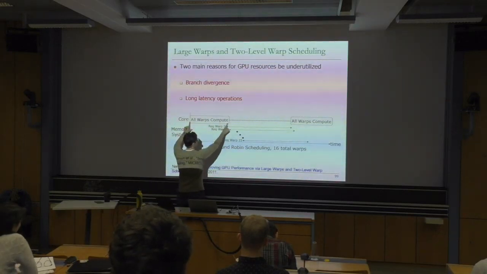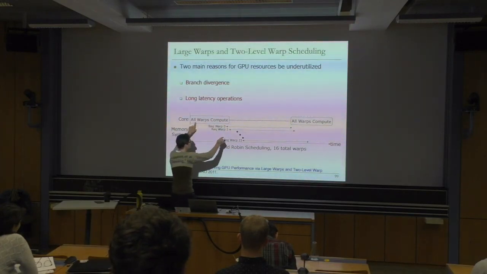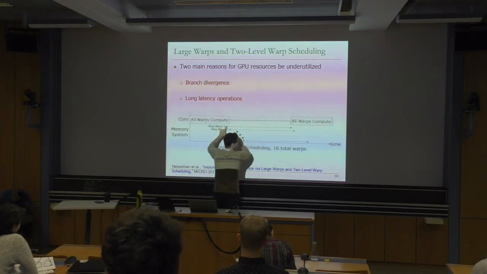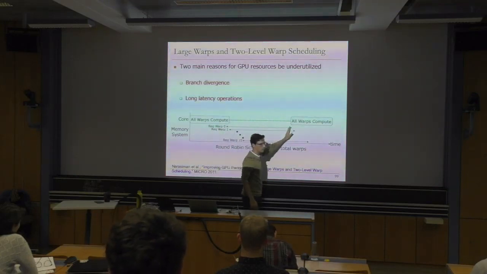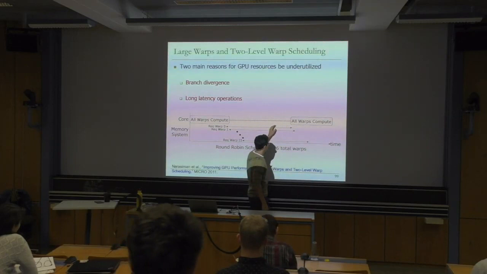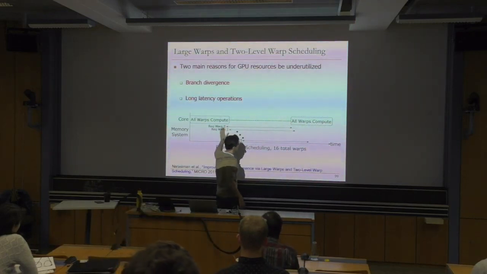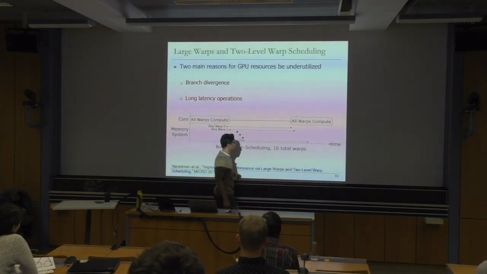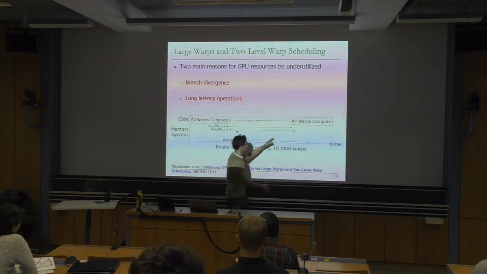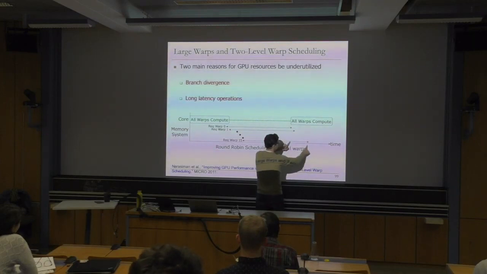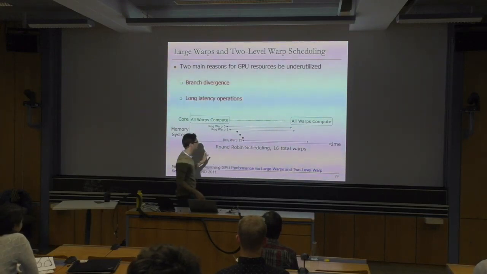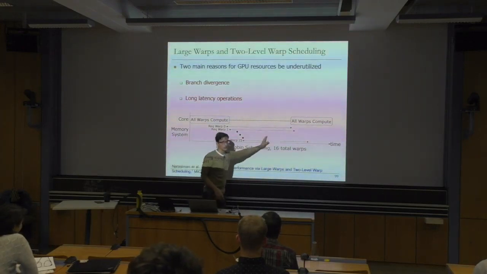Here, all warps start computing arithmetic operations, and at some point they need to access memory, and this takes a lot of cycles, right? And you cannot resume the computation inside the pipeline until you have obtained all the data from DRAM. Of course, there is some latency hiding here, because we are somehow overlapping a little bit of computation with a little bit of data access, but not that much. Why is that? Because there are many accesses to memory here.